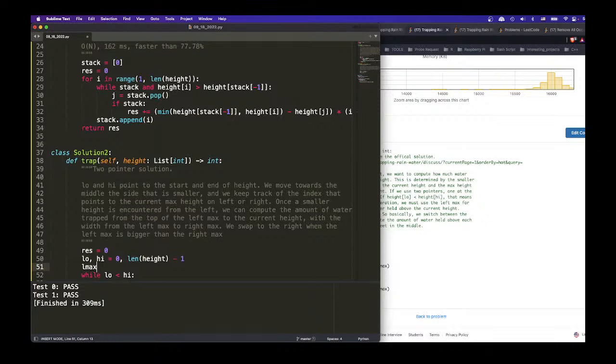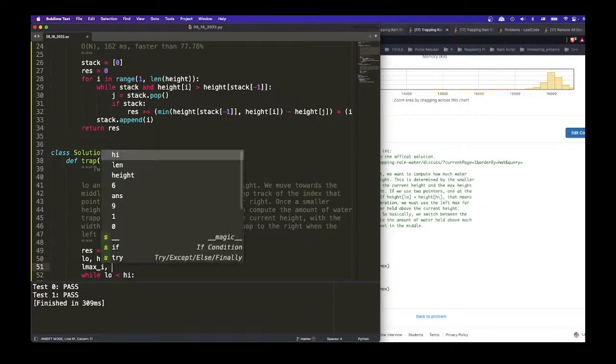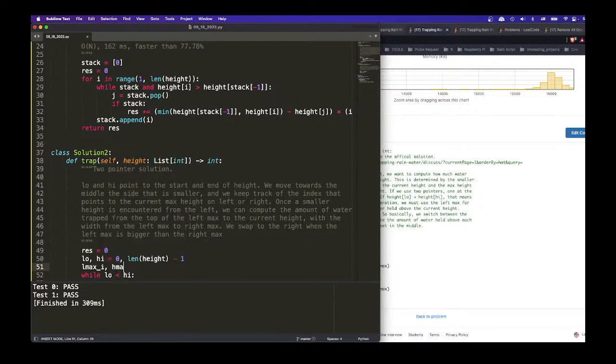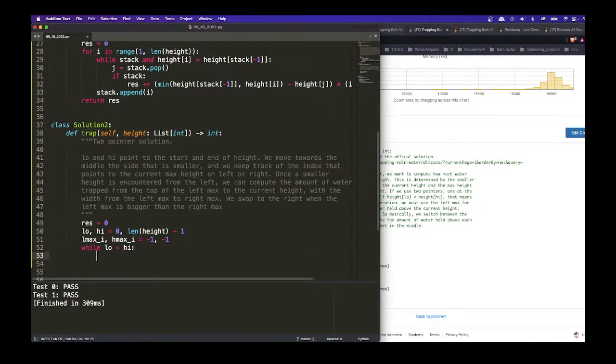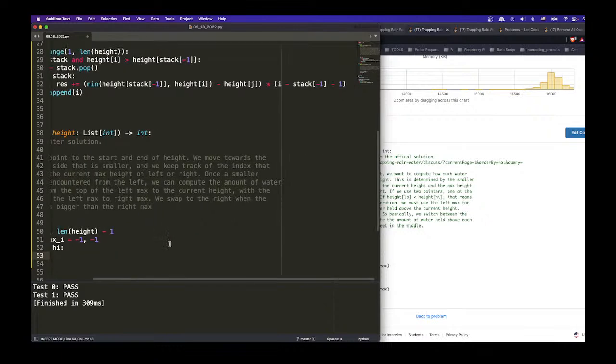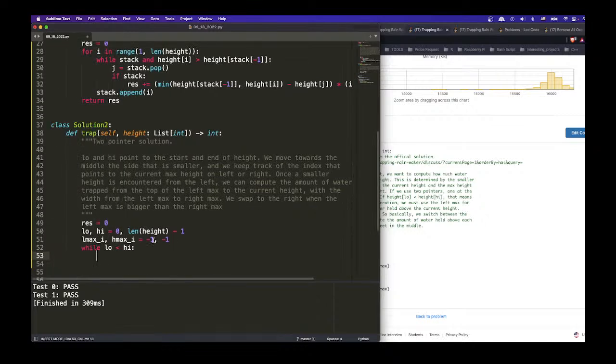L max I, high max I. Okay, so low smaller than high, and we say, what do we say in the start? I compare these two, right? Actually, in the start is just low and high.